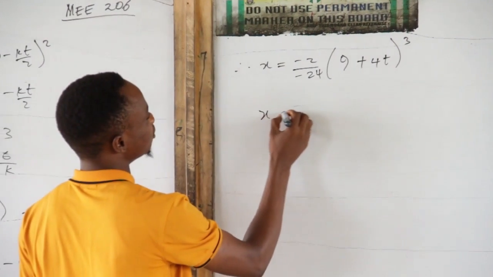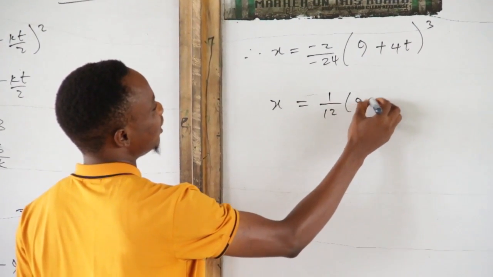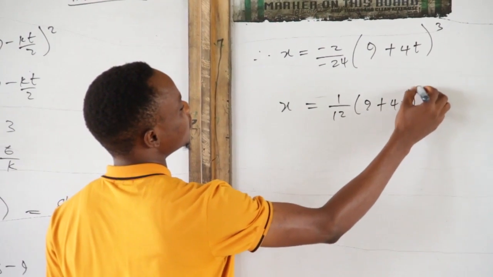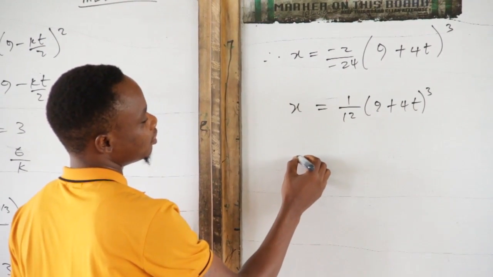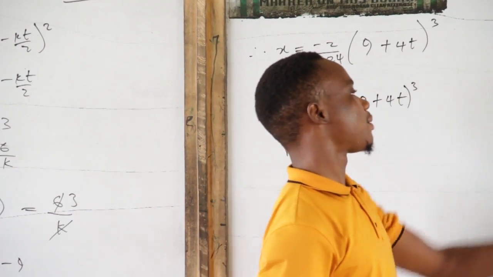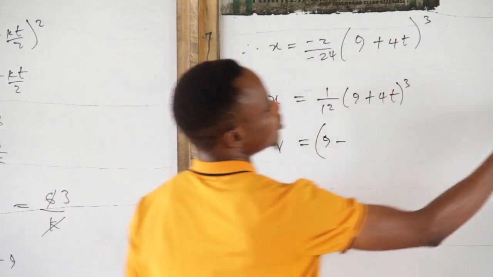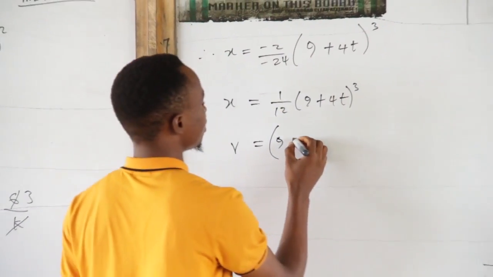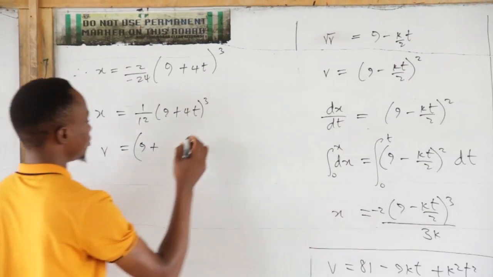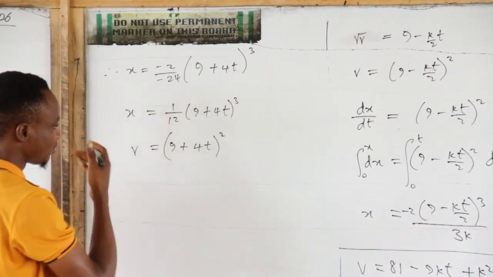This means x will be equal to 1 over 12 times 9 plus 40 raised to the power 3. And then when you substitute for v, v will be equal to this. That will be 9 minus, so this is minus 8, that will become plus 8 over 2, that will become 4 raised to the power 2. Okay?